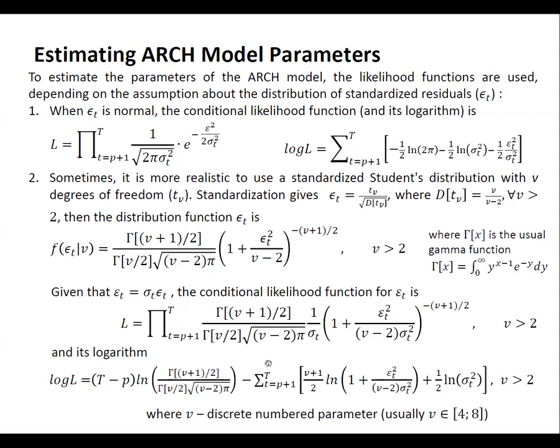And the same with the argument itself: we replace it with epsilon divided by sigma. That is, here we have the conditional likelihood function for epsilon, that is, for the residuals of the ARMA model.